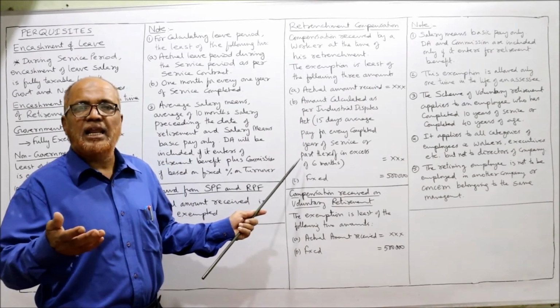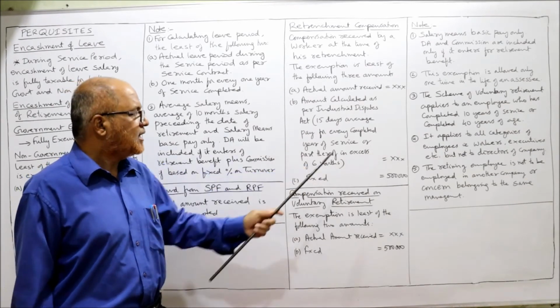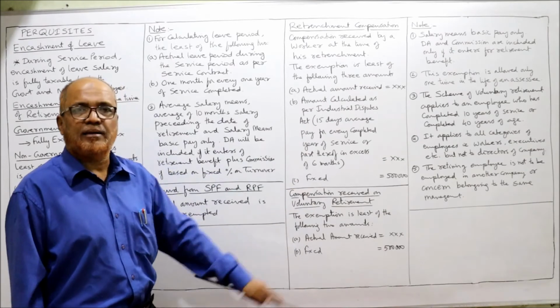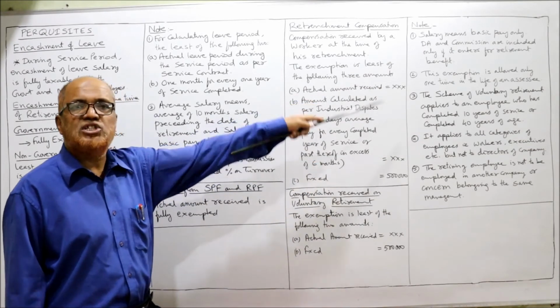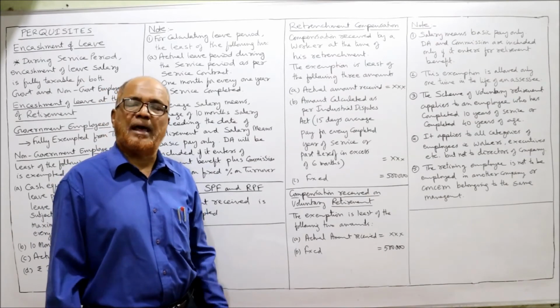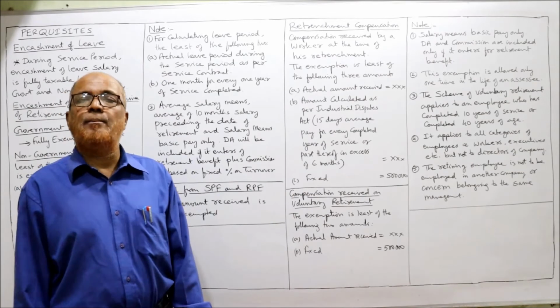So we have to calculate how much is the amount coming according to Industrial Disputes Act. Thirdly, fixed amount given by the Income Tax Act, 5 lakh. So of these 3 amounts, whichever is least will be exempted and the remaining balance is taxable. This is retrenchment compensation.